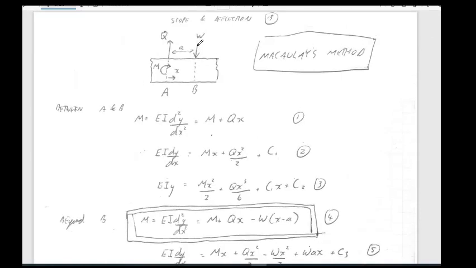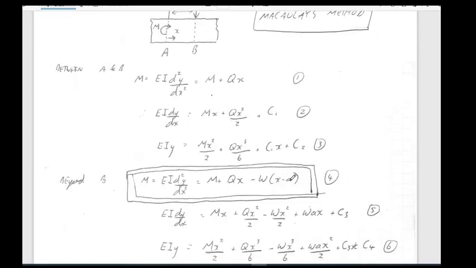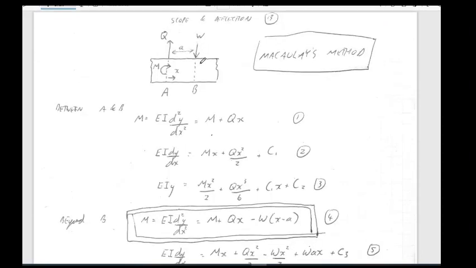Now that term is there because beyond B we have gone past W. So if we consider x minus a, if x minus a is 0, we're at B. If x minus a is positive, we've gone beyond B. So if x minus a is positive, we must consider the moment which has been introduced by that load W, because we've gone past that load. However, if x minus a is negative, we are between A and B. We haven't gone past W yet, so we don't need to consider that term.